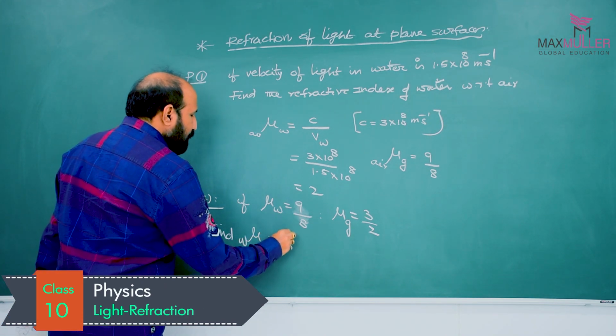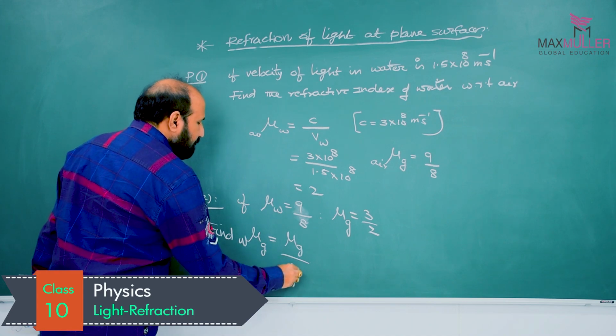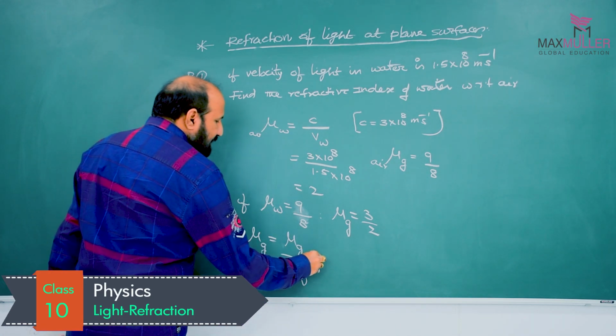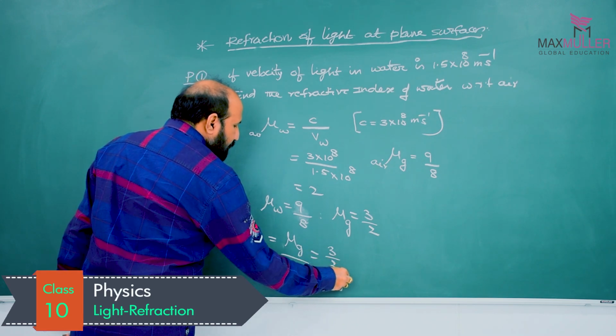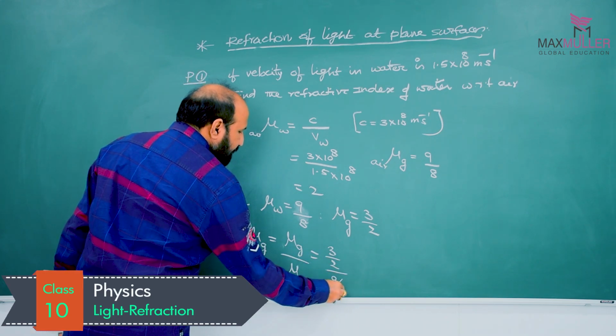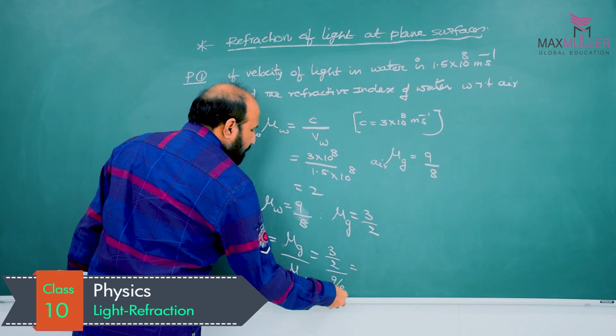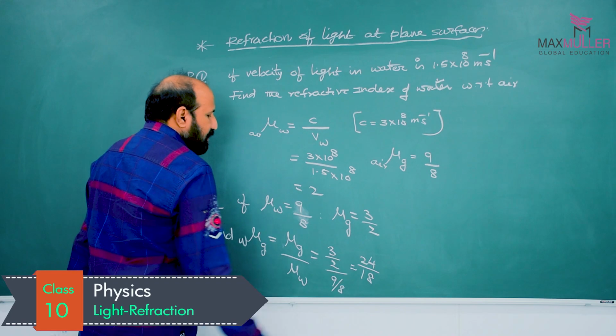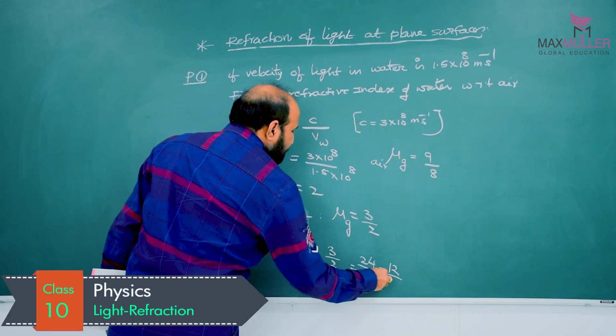This is equal to mu of glass by mu of water, both with respect to air. Now mu of glass is 3 by 2 by mu of water is 9 by 8. That comes out to be 24 by 18, that is equal to 12 by 9.